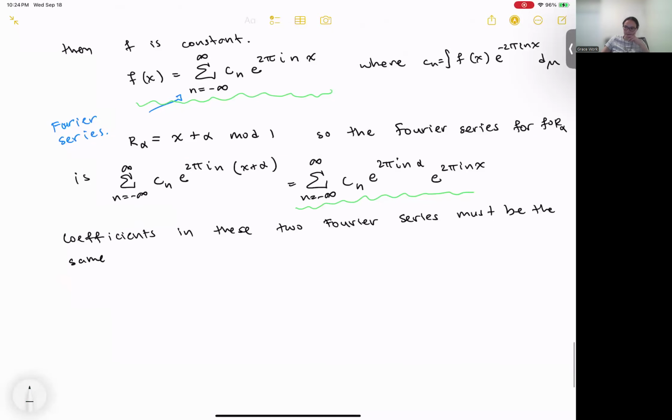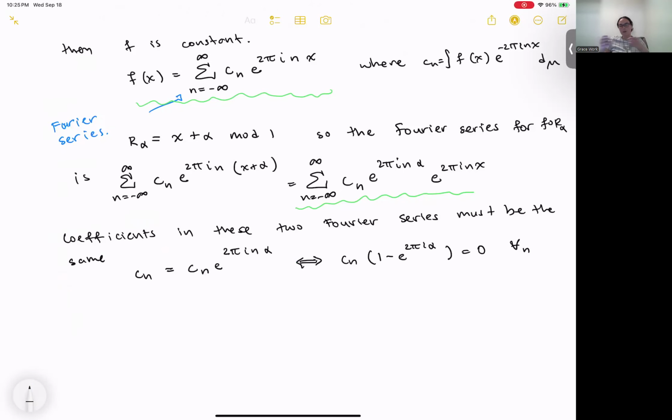So in other words, Cn must be equal to Cn e to the 2 pi I n alpha. And this is true if and only if Cn times 1 minus e to the 2 pi I n alpha is equal to 0 for all n.